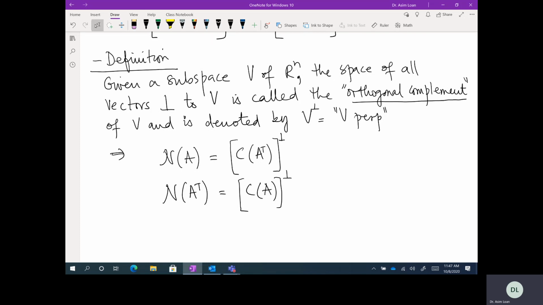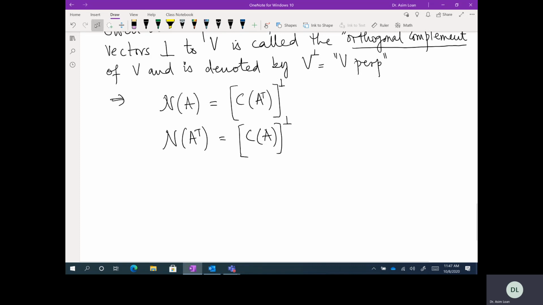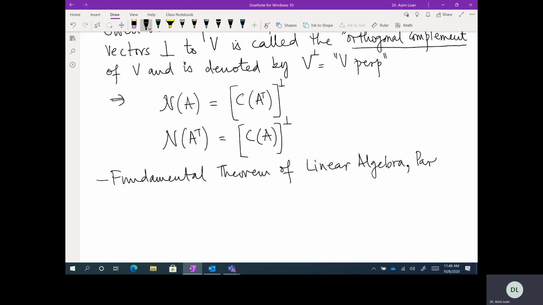And this is the second part of the fundamental theorem of linear algebra, part 2. First we said there are two subspaces which are orthogonal, but now we say that these are also orthogonal complements.